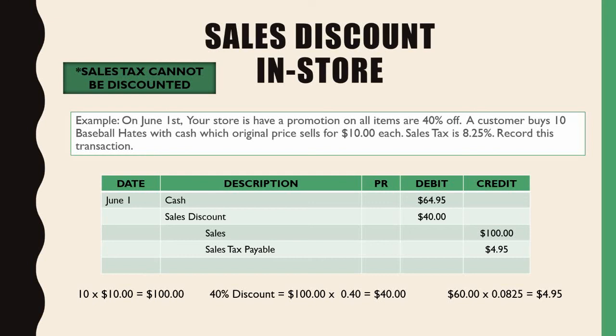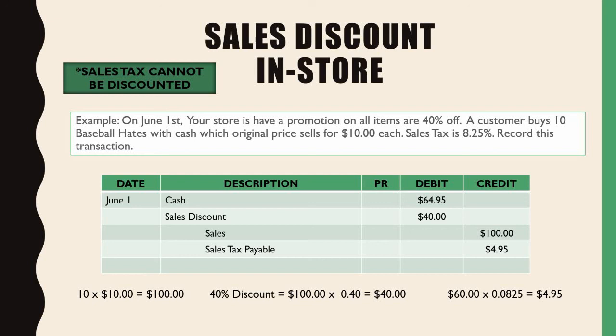You cannot apply a discount off of sales tax. You cannot discount a government-mandated thing that they require all sales to be given at 100%. You cannot discount something that the government is requiring all customers to pay.